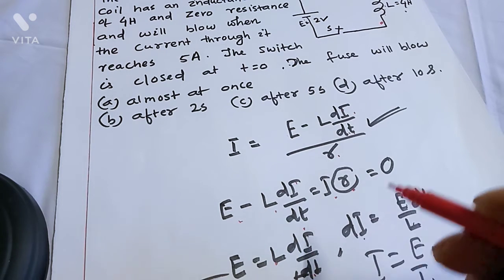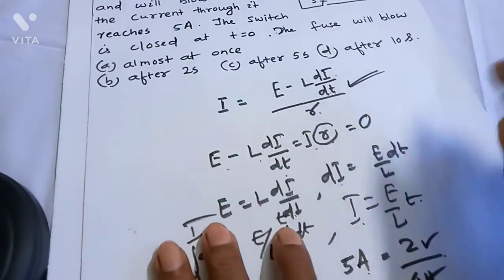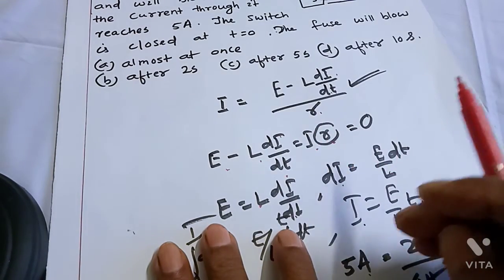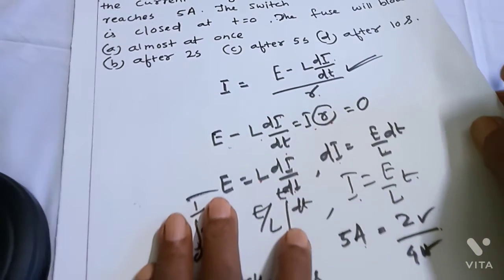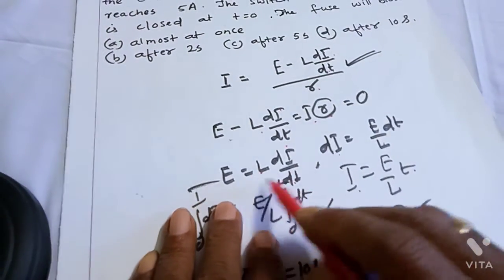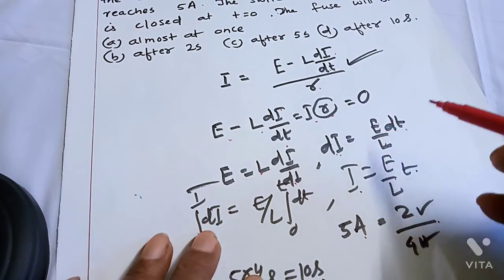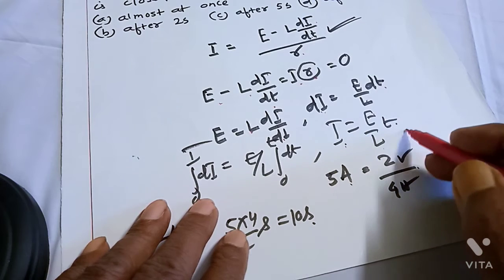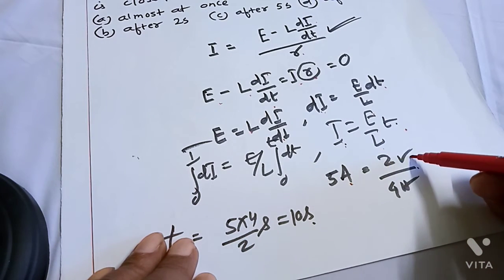That means for an ideal inductor, the applied EMF and induced EMF are always equal, and there is flow of current. This is a very important point to understand. Now di equals E by L into dt. On integrating, I equals E by L into t.